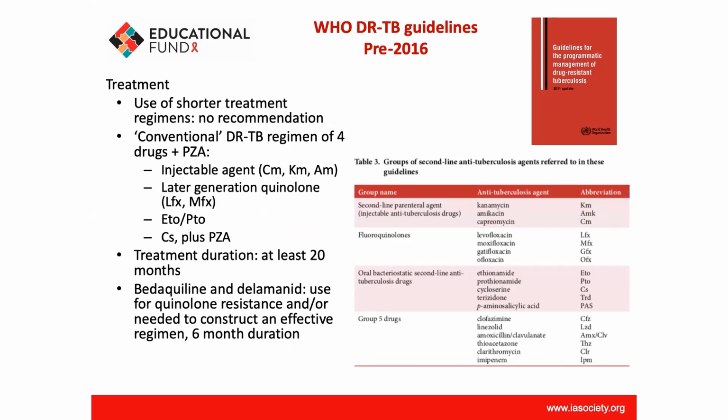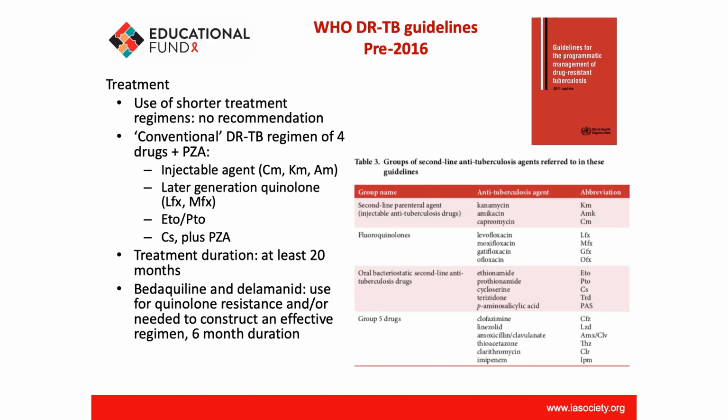And that was quite standard in a majority of countries that had DRTB programs developing in those years. Treatment duration was at least 20 months and usually up to 24 months. And bedaquiline and delamanid only became recommended in 2012 and 2014, respectively, really to be used for quinolone resistance or the need to construct an effective regimen, which couldn't be done with the drugs I had mentioned at the beginning.